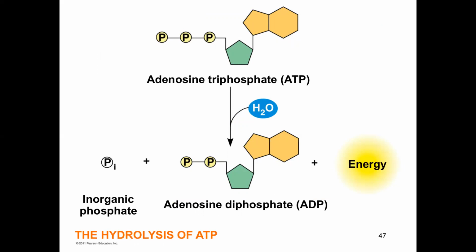Ultimately, we want to make ATP. Why? Because this is our energy currency. We eat food, we capture that energy, and we store it in this last phosphate, the high energy phosphate bond, all right? We make that bond, we're putting in energy, and we're getting off water, so again, we've got a dehydration synthesis.